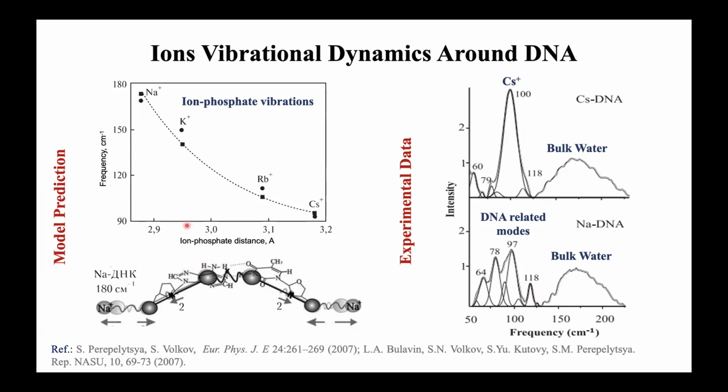It was shown that the ion-phosphate vibration, which characterizes the motion of the ions with respect to the phosphate group of DNA, shown here schematically, has frequencies of different ions observed in the low frequency spectral range from 100 to 200 inverse centimeters, depending on the ion mass.